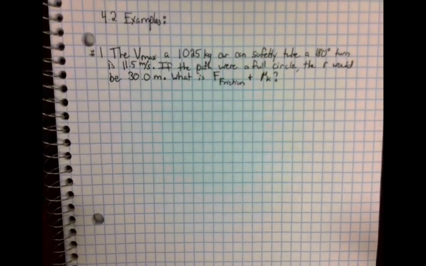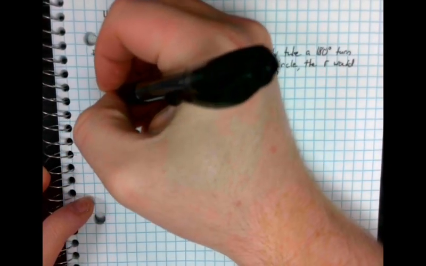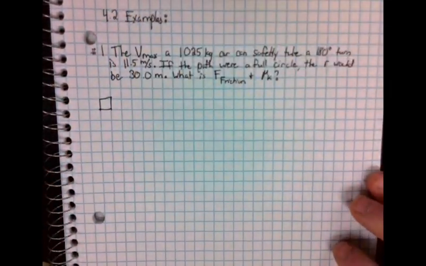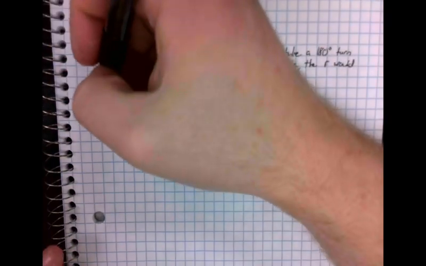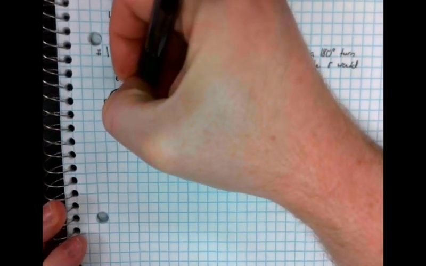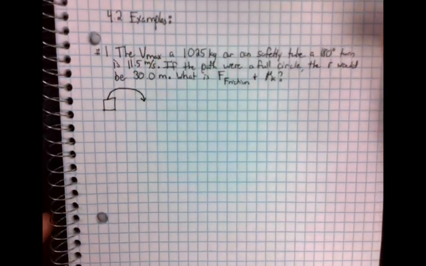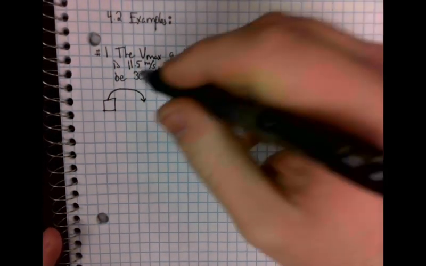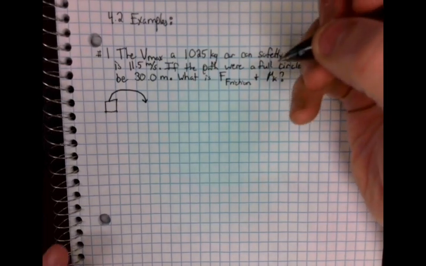As always, though, you want to start by drawing a picture. It doesn't have to be super fancy, but I'm going to draw a square, and that's going to be my car. And then we're going to say it's going to take its 180-degree turn. I know that's not really a circle, but just for space concerns, that's my circle.